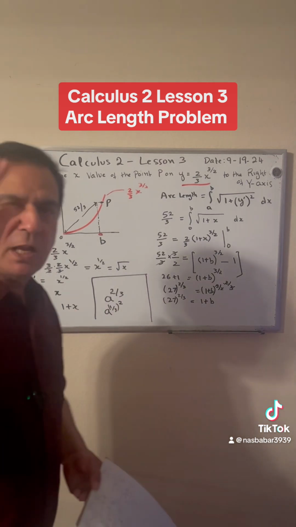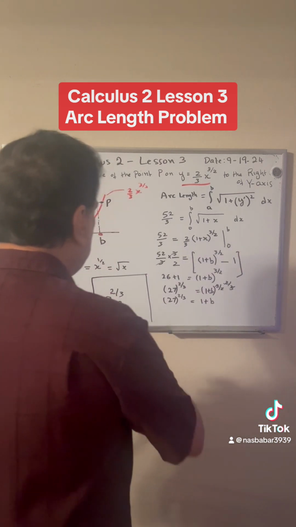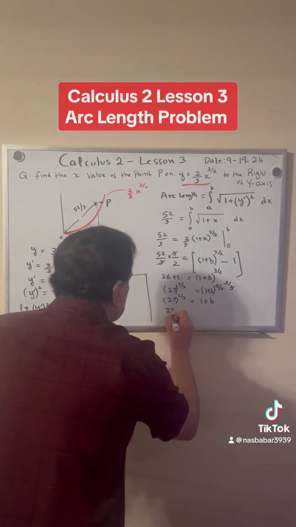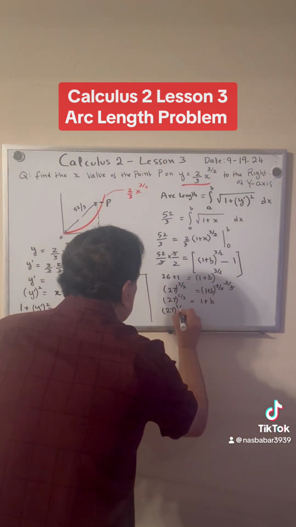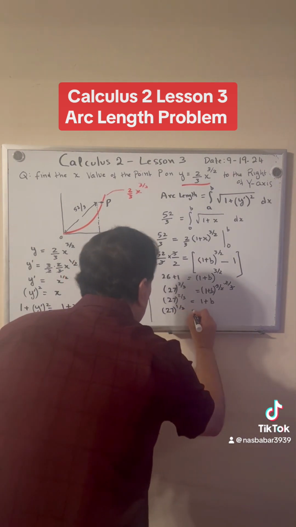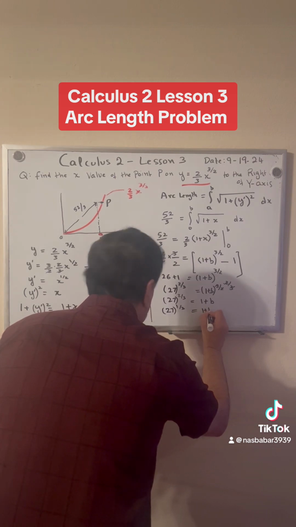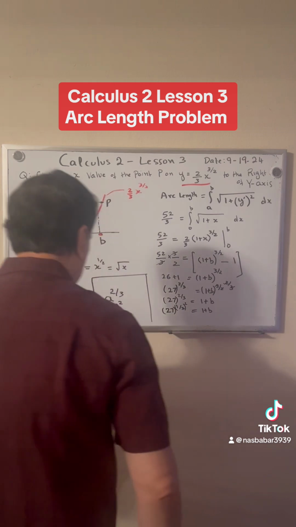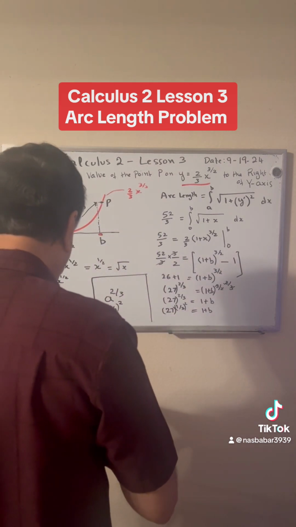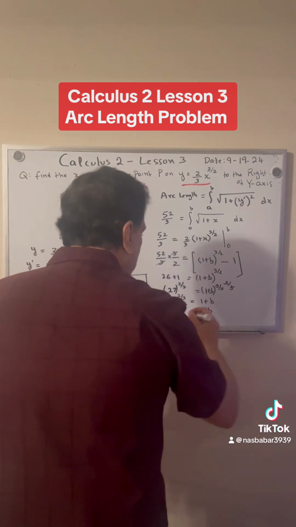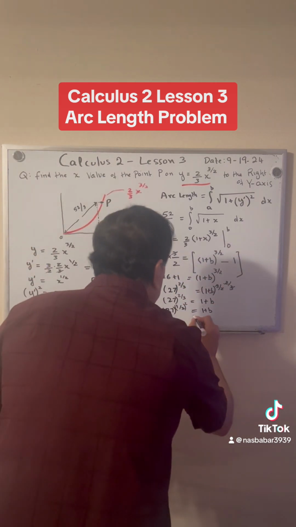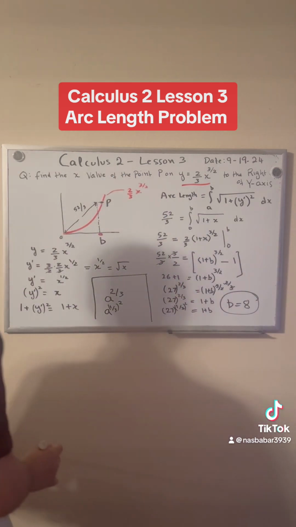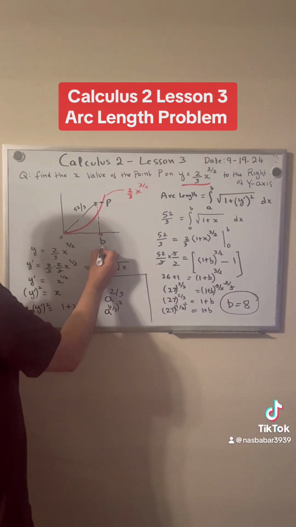Okay, we learned that a long time back in algebra. So once I do that, I get 27 raised to the power 1 over 3, all squared, is equal to 1 plus b. Once you solve this for b, after doing some algebra, b is equal to 8. That is the answer. So we found the position, this position right here is 8.